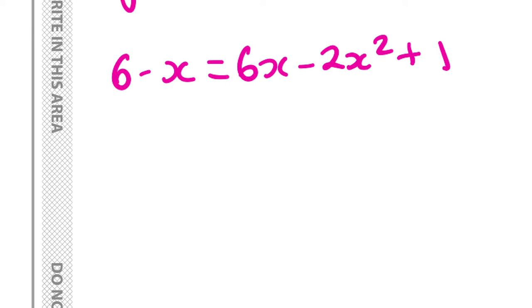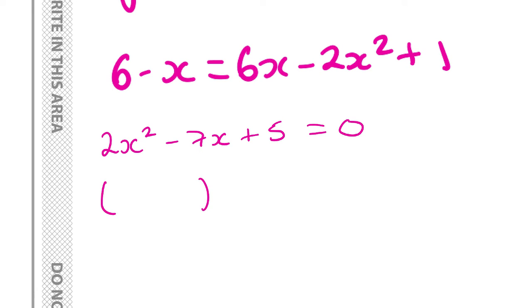Now, if I take away x from both sides, I'm going to move everything to the left-hand side, actually. So, 2x squared minus 7x plus 5 equals 0. So, I wonder, can we factorise this? Maybe.